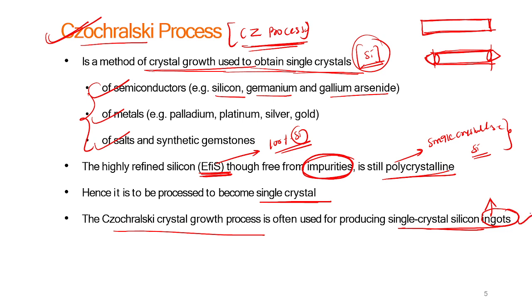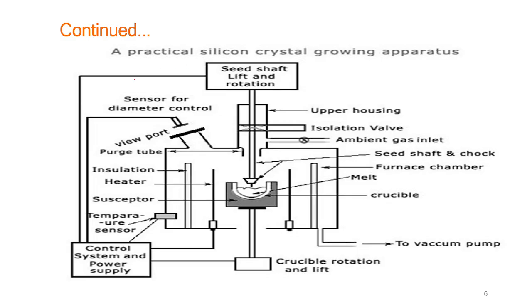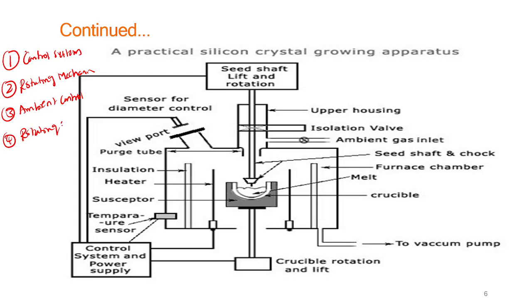This is basically my CZ method. The CZ method mainly consists of four parts: one is the control system, the next one is the rotating mechanism, the next is ambient control, and the next is the rotating shaft.